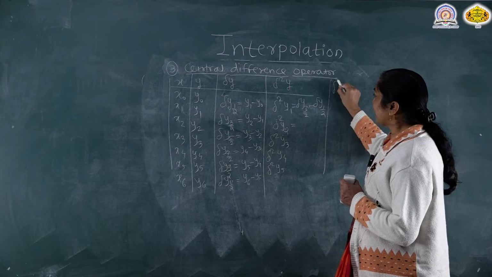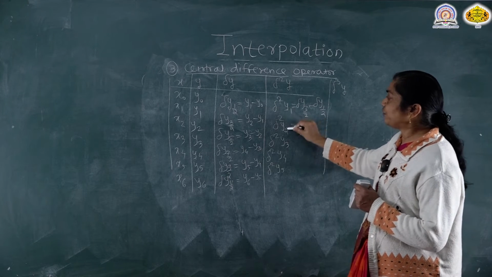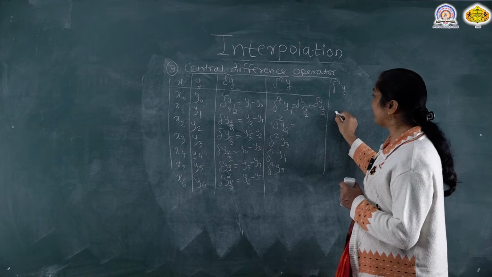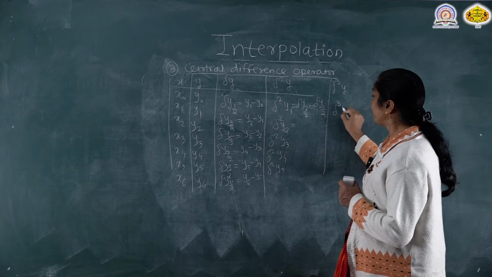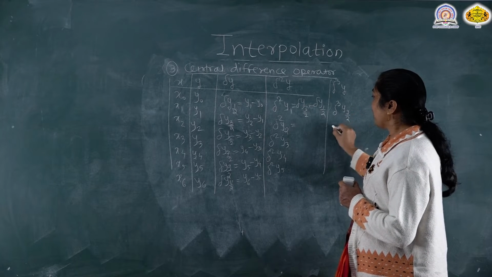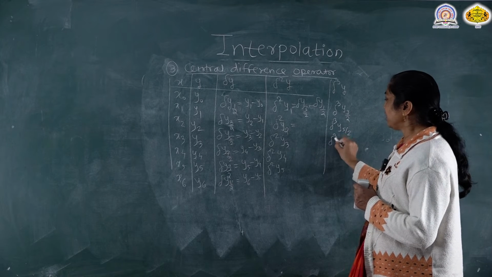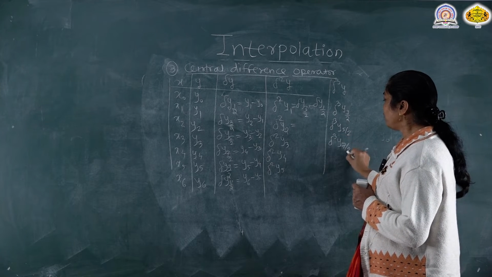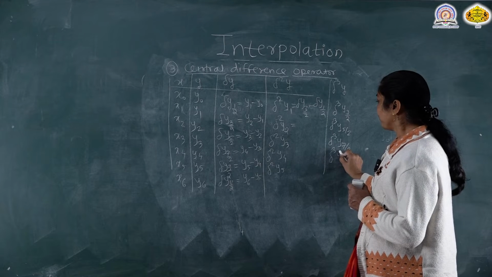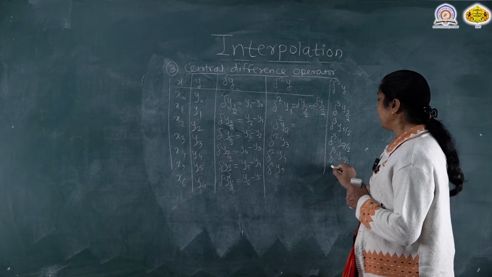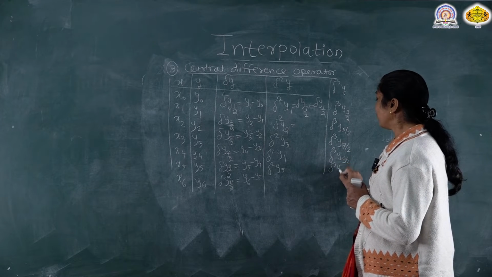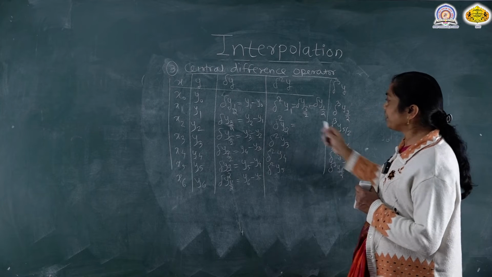Then we will get delta cube of y, that is the difference between these two. So we will get delta cube of y 3/2, delta cube of y 5/2, delta cube of y 7/2, delta cube of y 9/2 and delta cube of y 11/2. That is the difference.